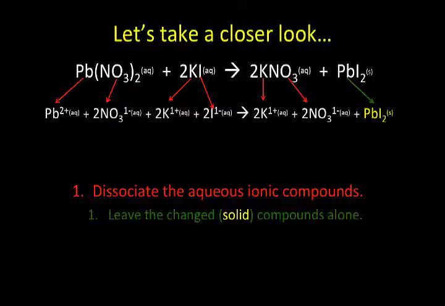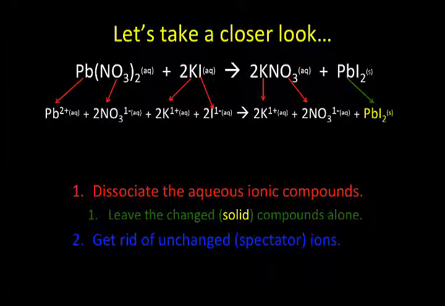So our next step is, now that we've broken up all the ionic compounds into their individual ions, that's called the complete or the gross ionic equation, we're going to get rid of things that have not changed from the left to the right, from the reactants to the products. And those are called spectator ions. If you look at it, the lead has gone from 2 plus to being locked up in the lead iodide.